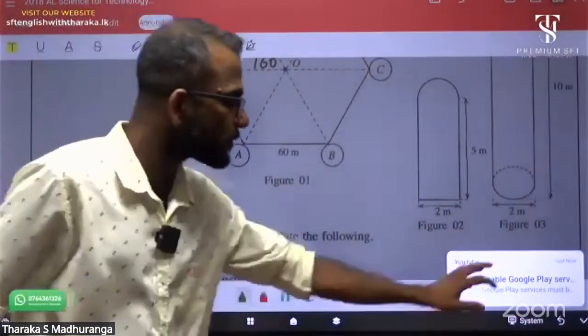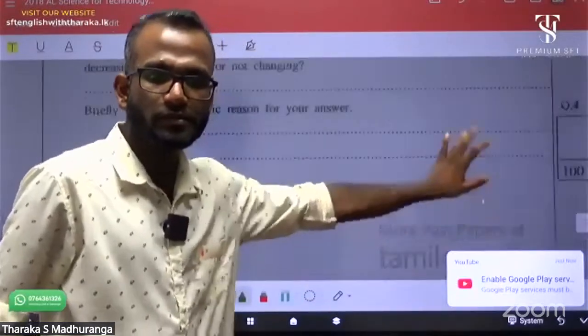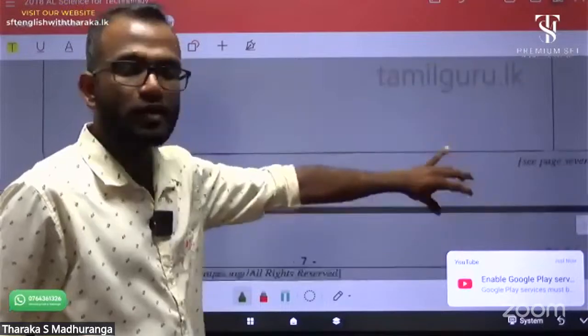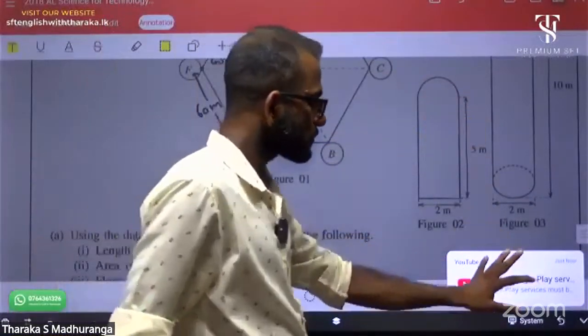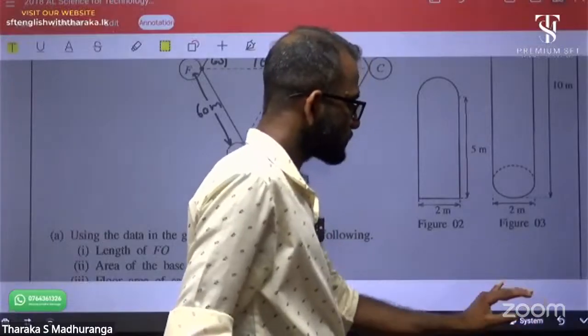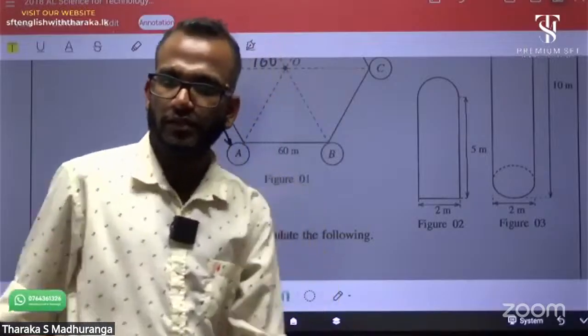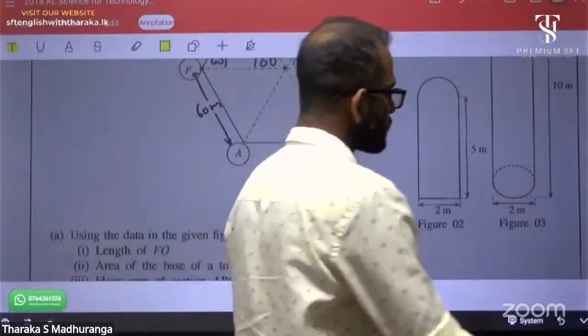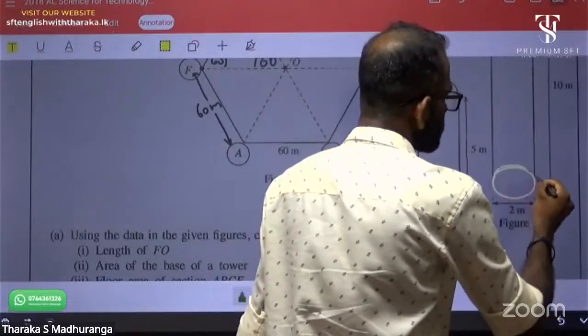How about the shape? It's a circle. What is the radius?